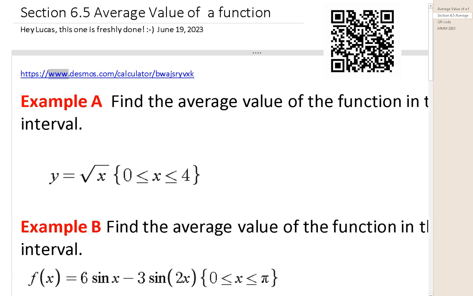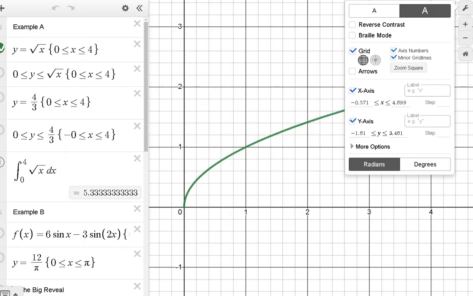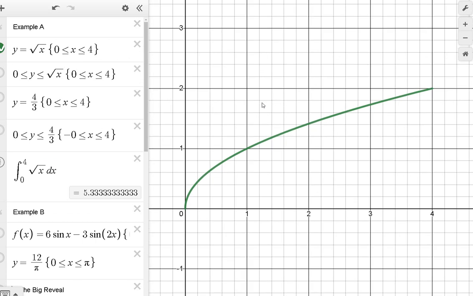So let's take a look at what it looks like graphically speaking. There we go. There's the right one. So we want to find the average value of this function. Now this function passes through an infinite number of values as it starts at 0, gets all the way up to 2. So what's the average value? Well, you kind of got to weight it. And fortunately for us, that's done by our integral.